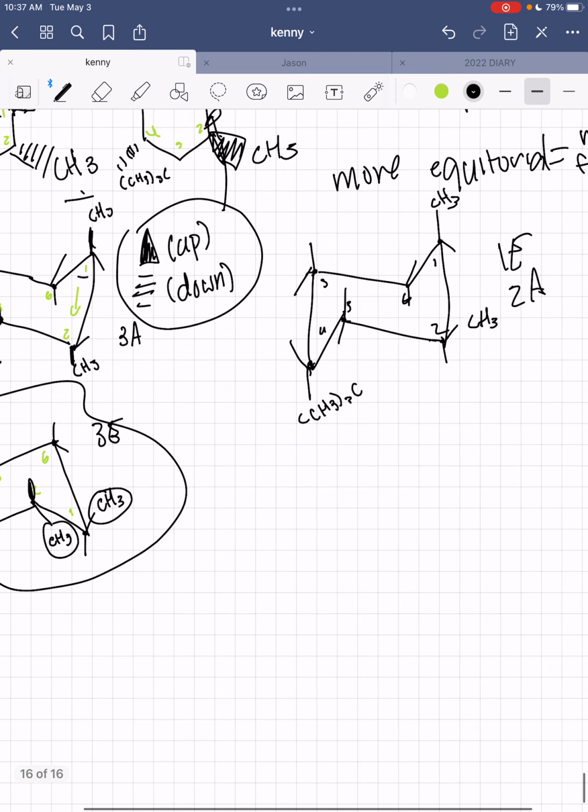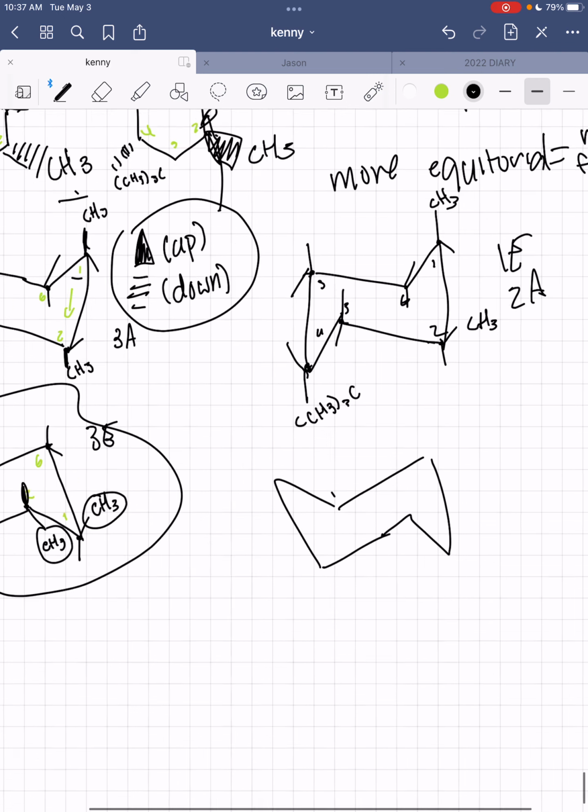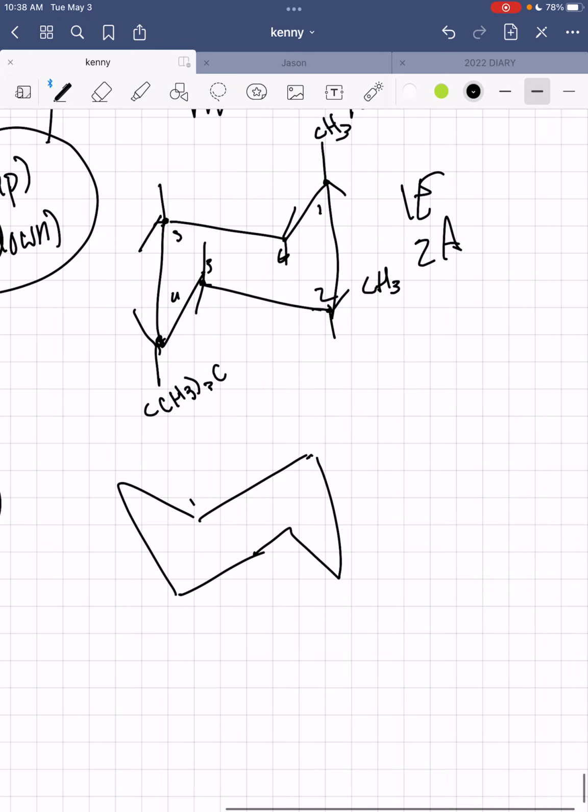And now we draw the flip version. That's wrong. Yeah, it looks really bad, but 1, 2, 3, 4, 5, 6. I'm just a bad chair drawer.